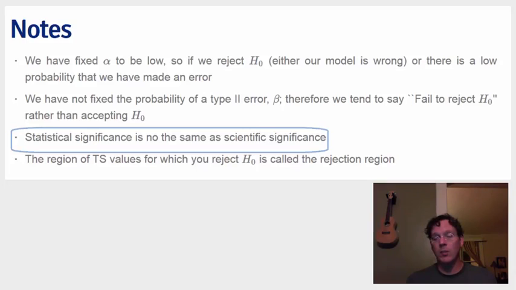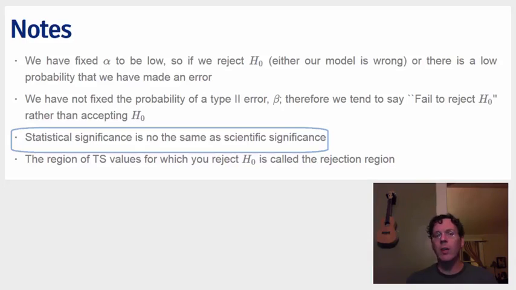scientific significance. This point usually comes up in the event that if you have a giant sample size, you might detect very minor differences from the null hypothesis because the noise in your sample mean is so small, your standard error is so small, it's divided by square root n.